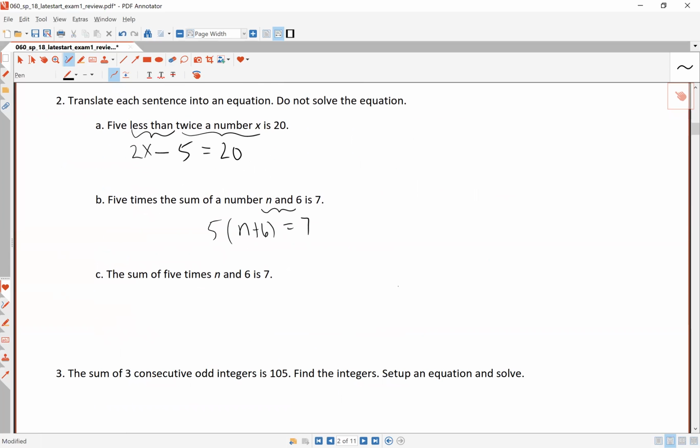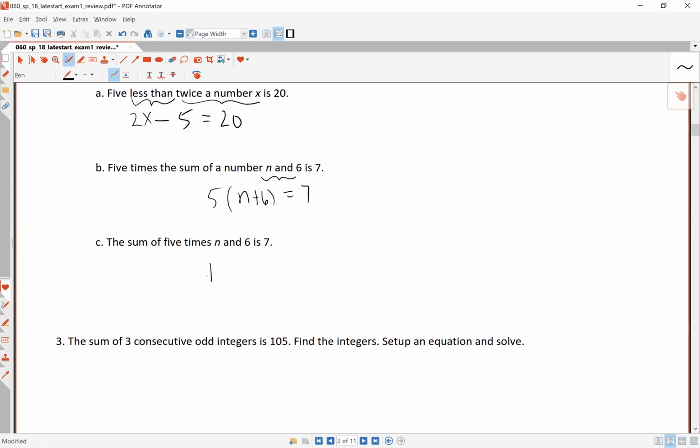But if we take the sum of, meaning 5 times n and then add that to 6, that is 7. So when you say 5 times the sum, you need the parentheses. When it says the sum of, you don't need the parentheses.